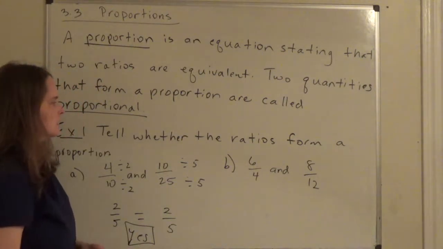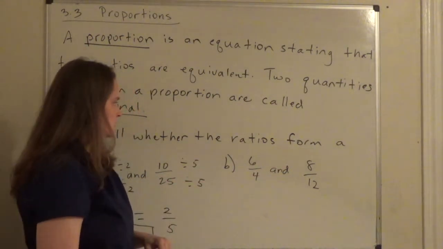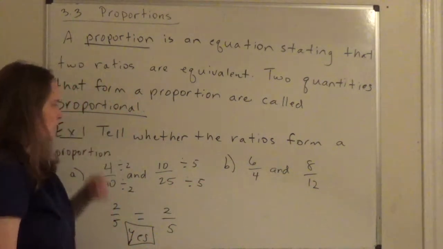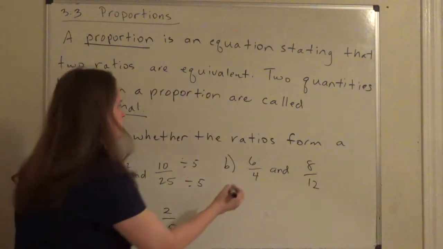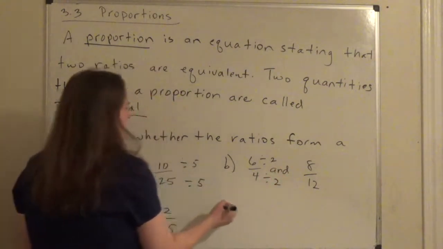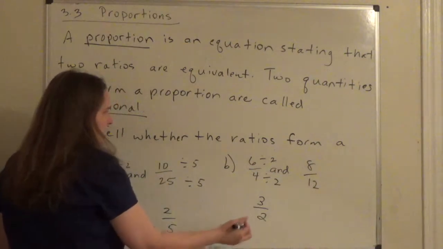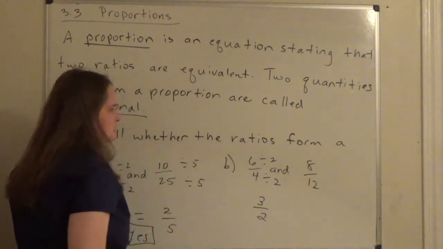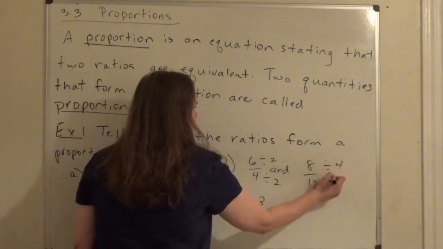Part B, are the ratios 6 to 4 and 8 to 12 equivalent? So let's try the same approach here. If I put 6 to 4 in simplest form, I can divide by 2 on the top and the bottom. That's going to give me 3 to 2. 8 to 12, if I put that one in simplest form, I can divide that one by 4 on the top and bottom.